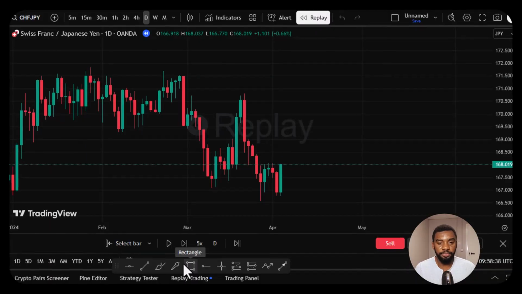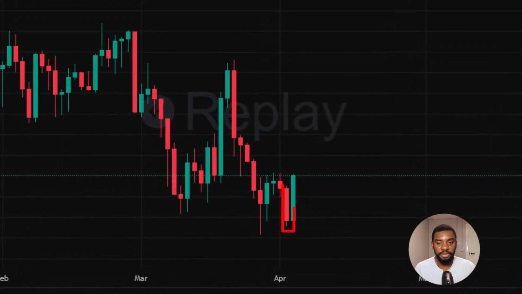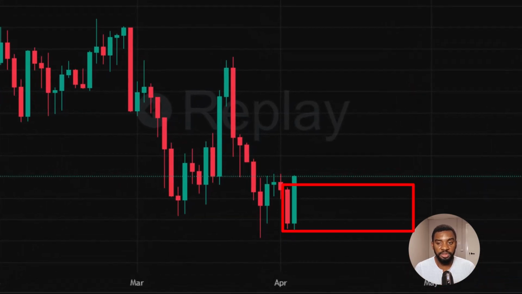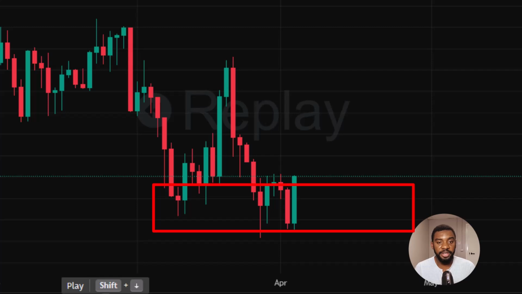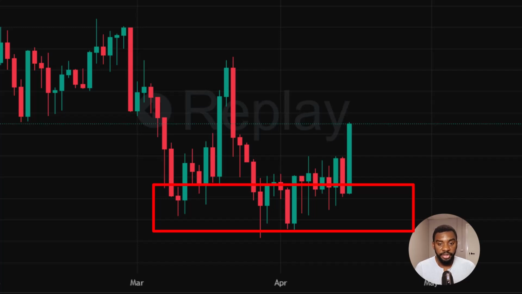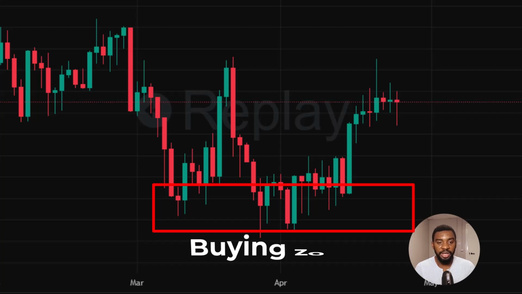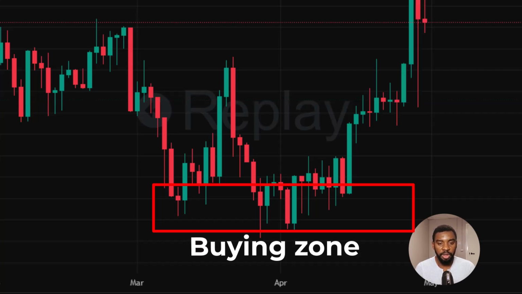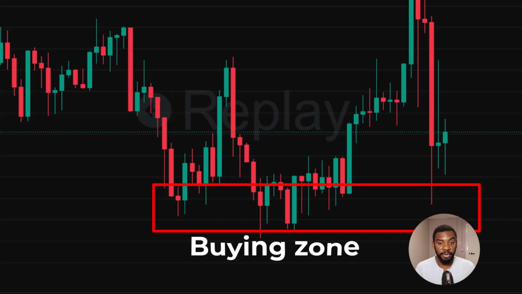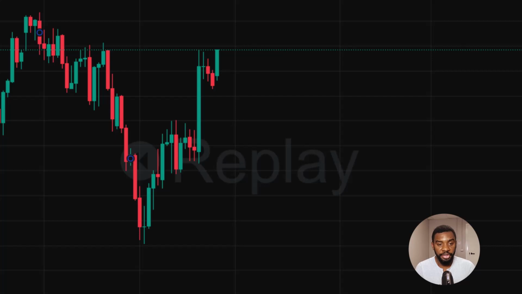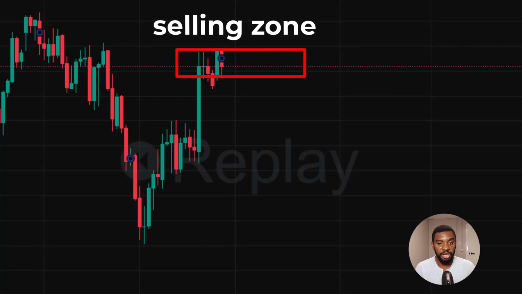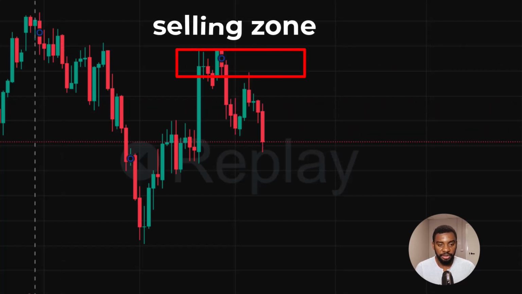Key points: institutions create these blocks during consolidation phases and then drive price sharply away, creating an imbalance. Why they matter? Retail traders can use order blocks as precise entry and exit zones. A bullish order block is a potential long entry at support, and a bearish block is a potential short entry at resistance.